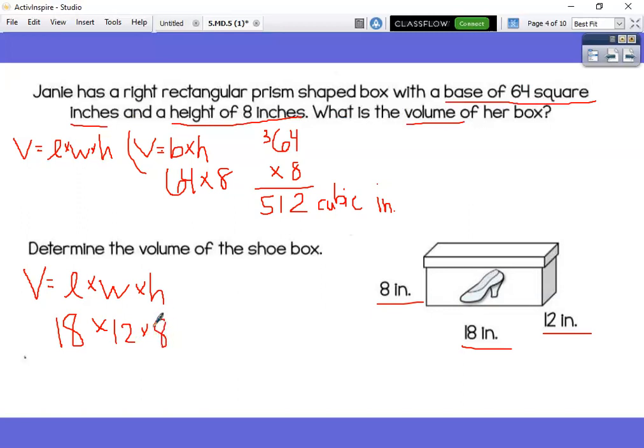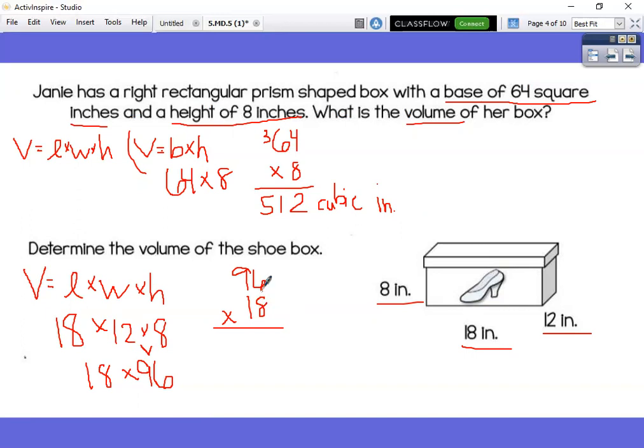When I go to multiply, I'm first going to multiply 12 times 8. That's a math fact. I know that is 96. Then I need to multiply 18 times 96. So I'm going to write it over here to the right and stack it. You can use whatever strategy you would like. I'm going to use partial products.